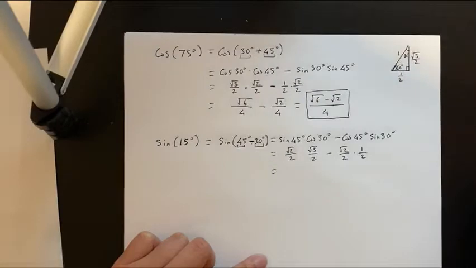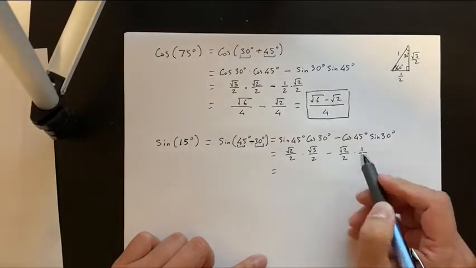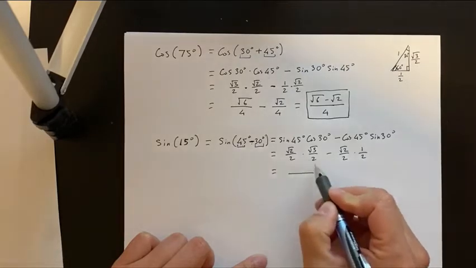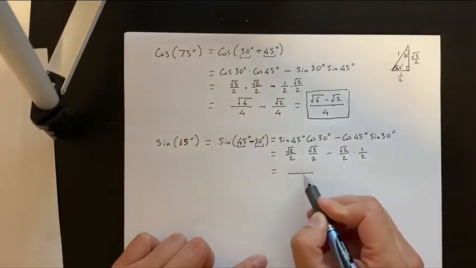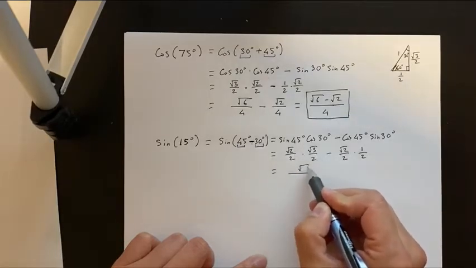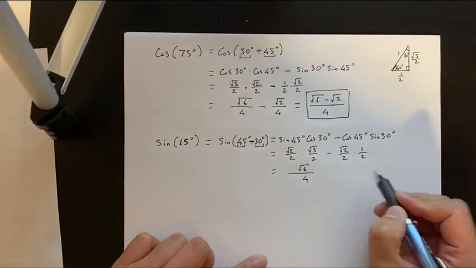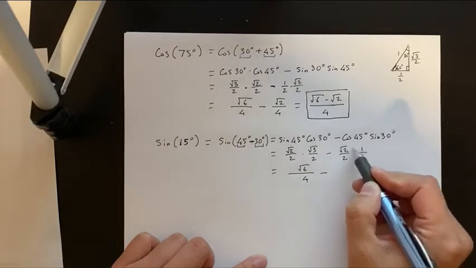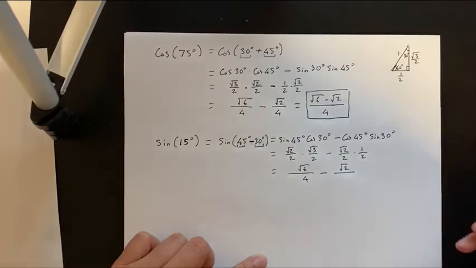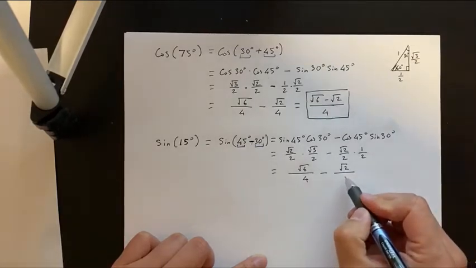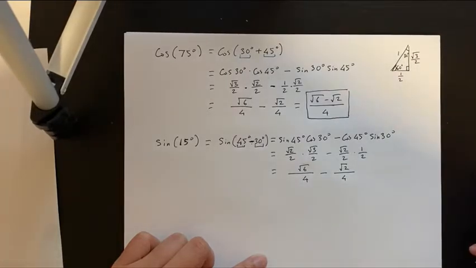Okay. Same thing. This is multiplication, subtraction, multiply. So we're going to multiply first. Multiplication of fractions is top with top, bottom with bottom. So that'll be a root 6 on top. And it will be a 4 in the bottom. Subtract. We're going to multiply these two. And that'll be a root 2 on top. And a 4 in the bottom.